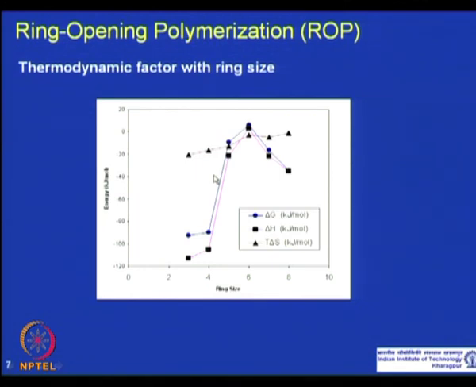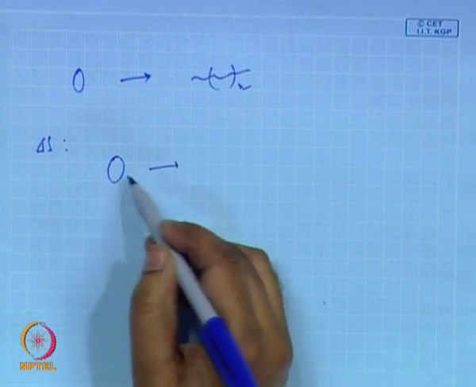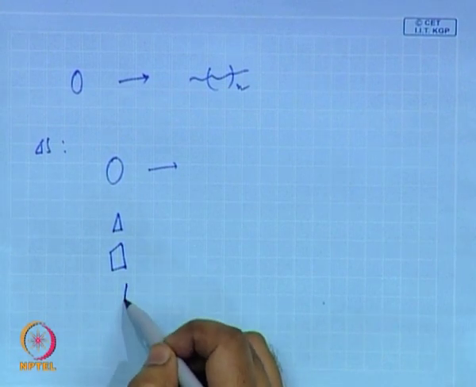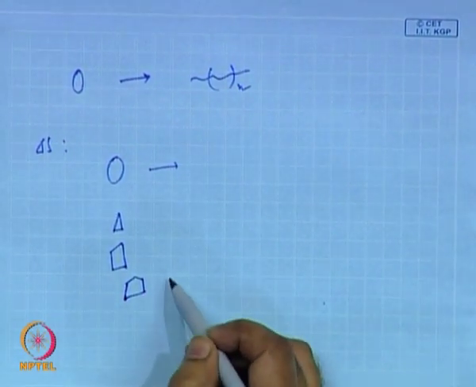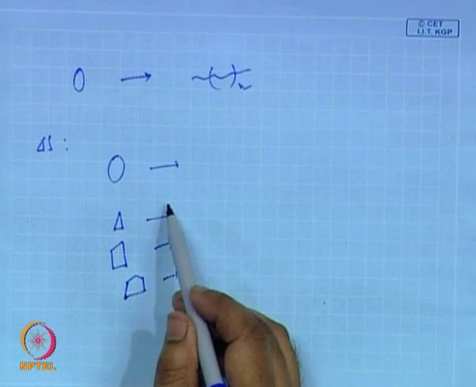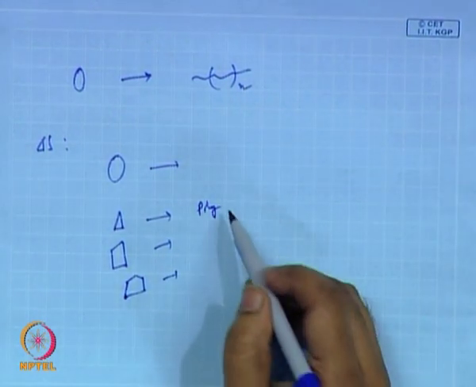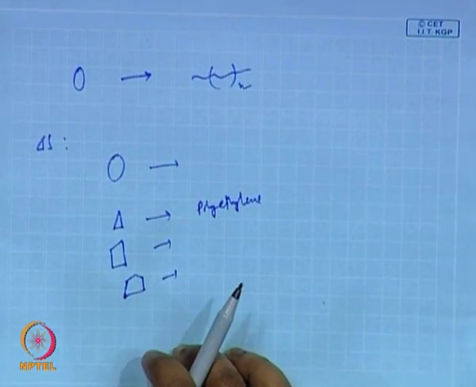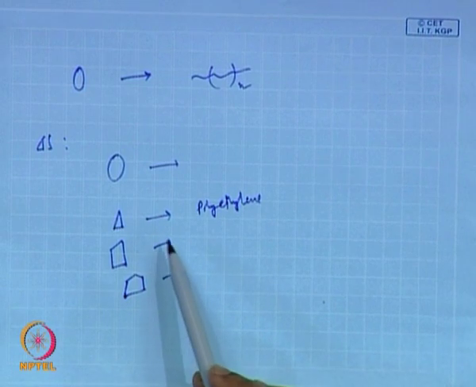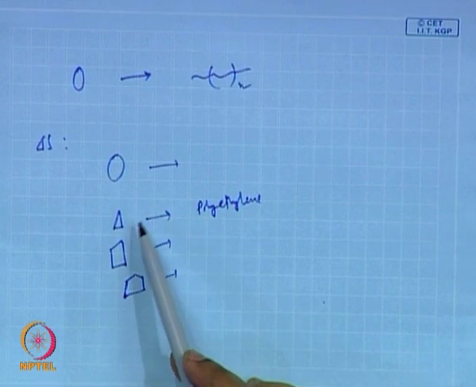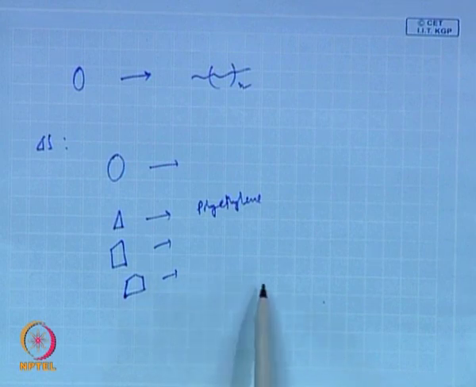However, can you take, say, a 3 membered ring or a 4 membered ring or a 5 membered ring and make polyethylene by this route? Can you make polyethylene from either of these by ring opening polymerization? The answer is no, because it is not only determined by thermodynamic feasibility; there has to be some kinetic pathway through which you can carry out the polymerization.